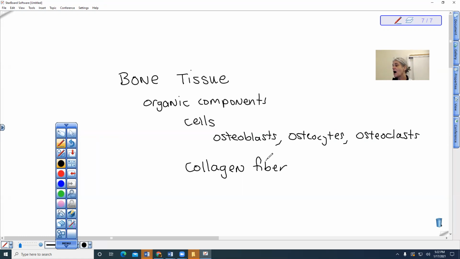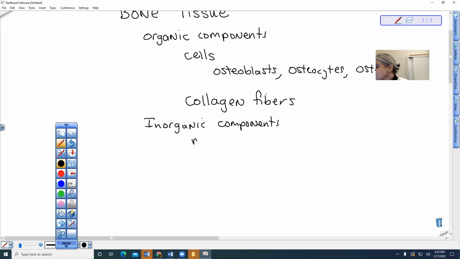Now we also have inorganic components. So these are things that are not organic molecules. They're not composed of carbon, for example. And so these would be, in this case, minerals.